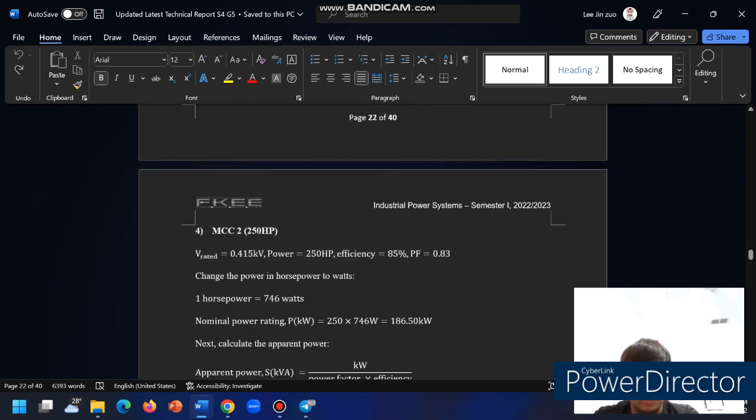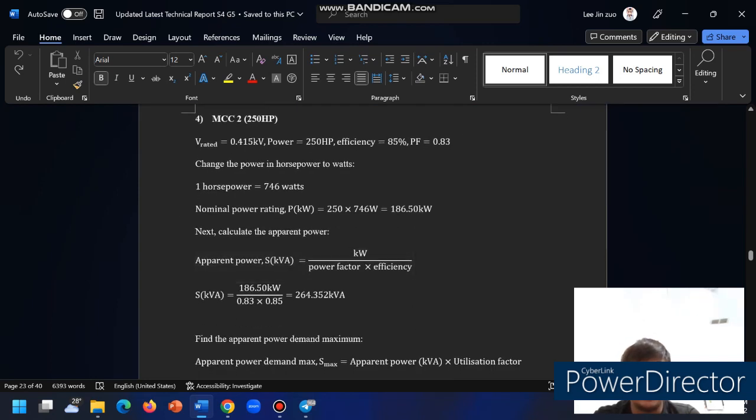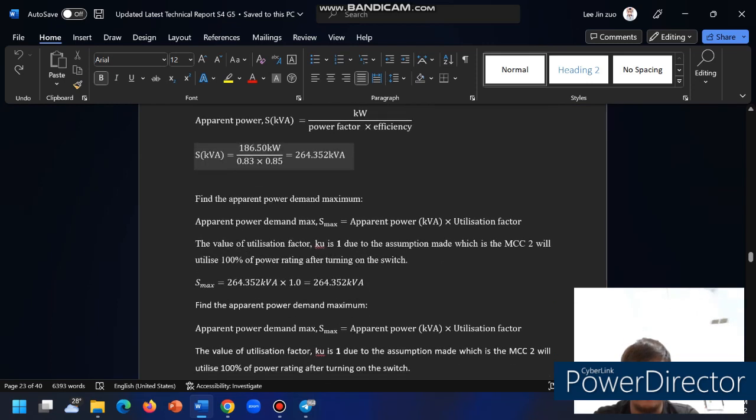The fourth element is MCC2 with 250 horsepower, 85% efficiency, a power factor of 0.83, and the apparent power is 264.325 kVA, and the maximum demand is also the same because we choose KU as 1 due to the 100% utilization.